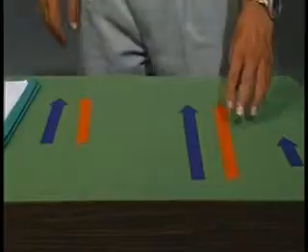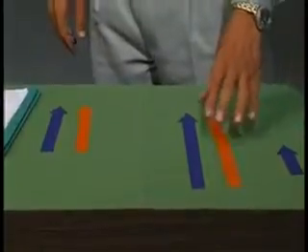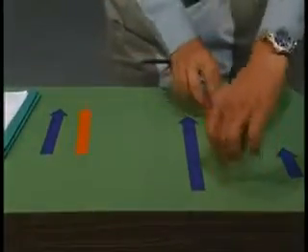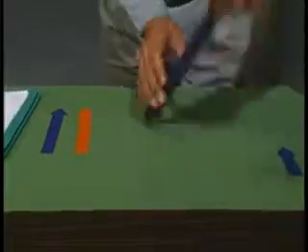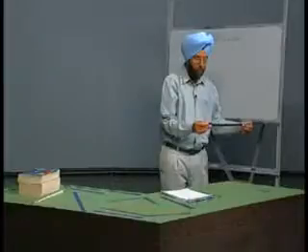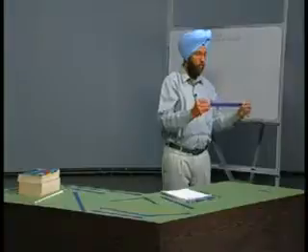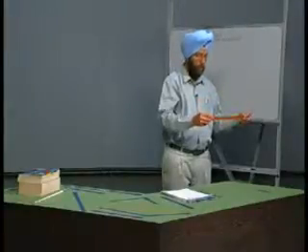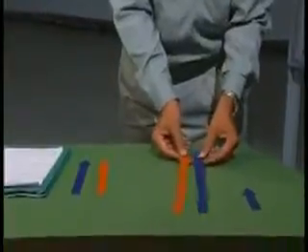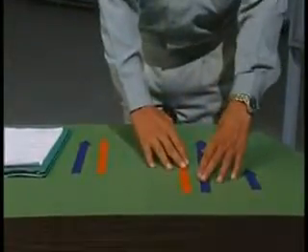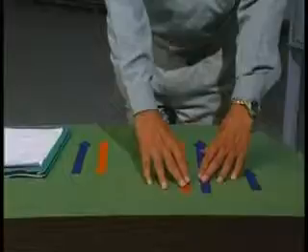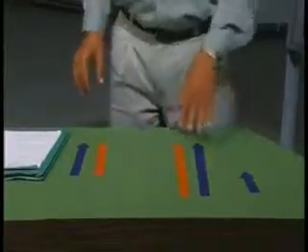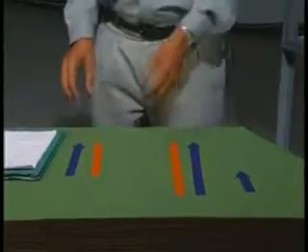Here we have two vectors, they have equal magnitude. You can see one is covering the other. They have equal magnitude, same direction, both are pointing in the same direction. So, these are equal vectors.